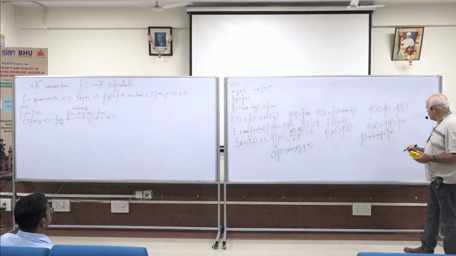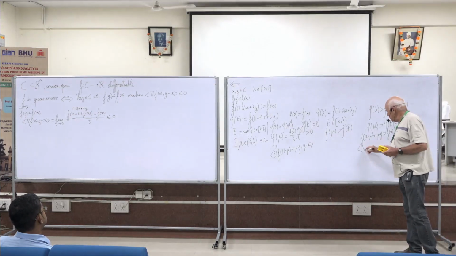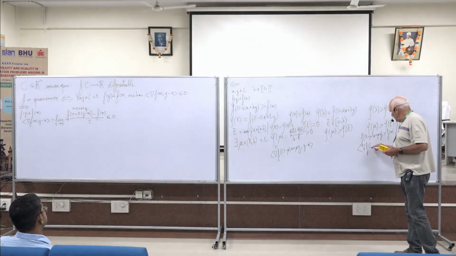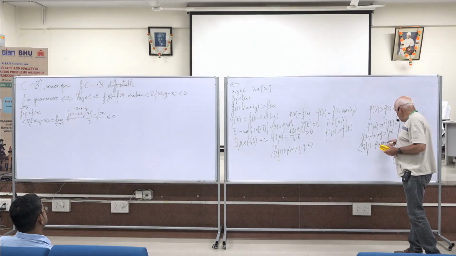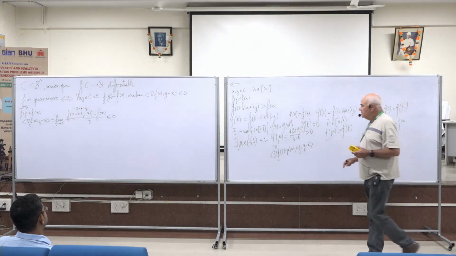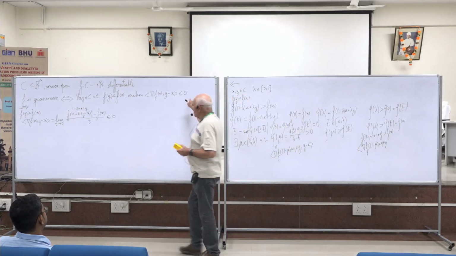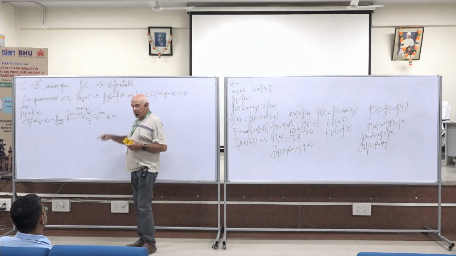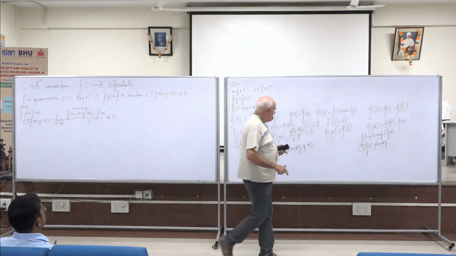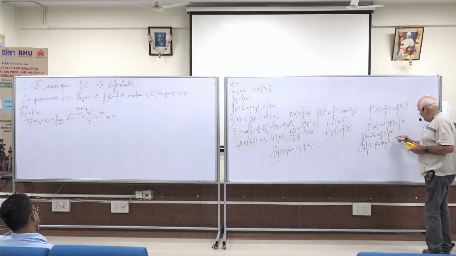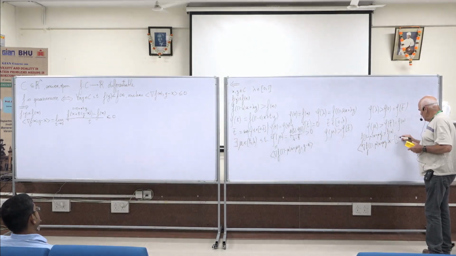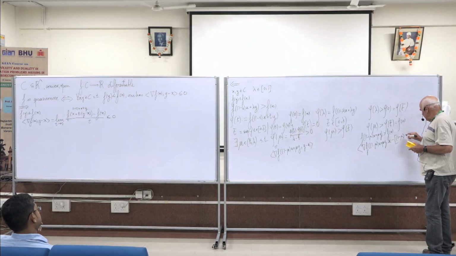So the conclusion is the gradient of f at this point times, here it was y minus x, so here it should be x minus 1 minus mu x plus mu y.